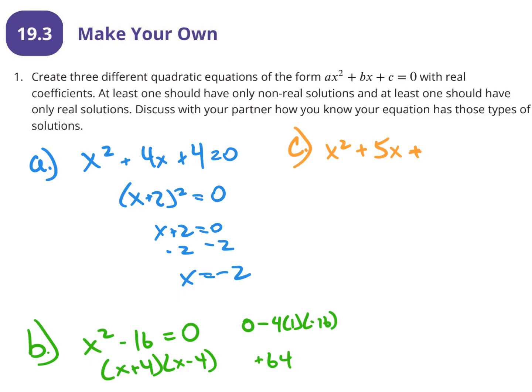What number times 4 is bigger than 25? Let's say 7. So then let's do b squared minus 4ac. So I got 5 squared minus 4 times 1 times 7. So they give me 25 minus 4 times 7, which is 28. That gives me negative 3. So this one gives me two non-real solutions.